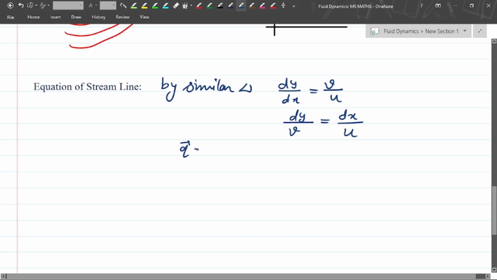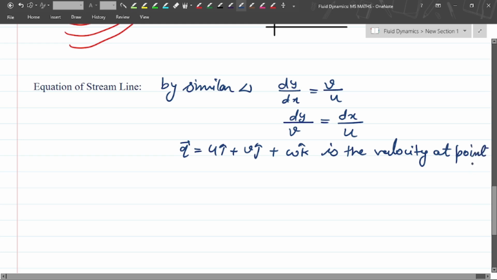And we have the velocity q equal to u i cap plus v j cap plus w k cap at point P. So basically q vector and dr vector are parallel.